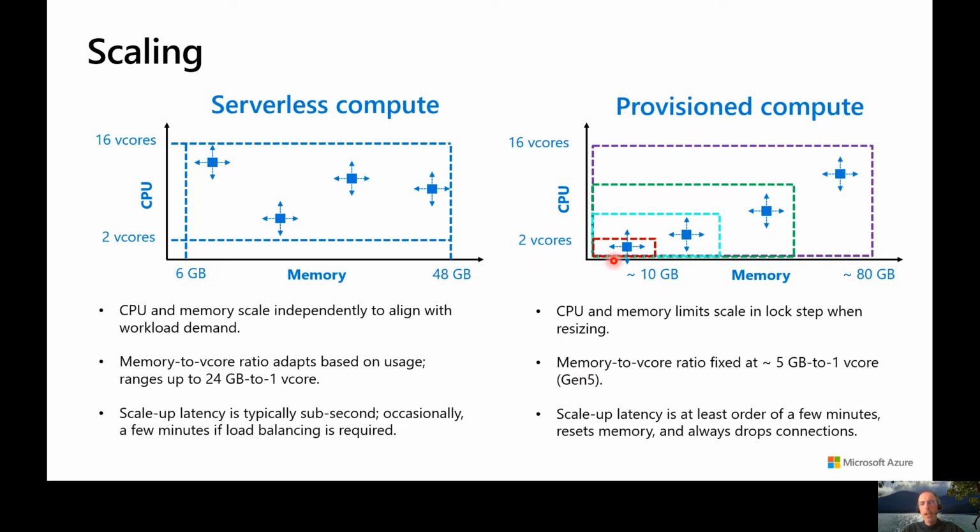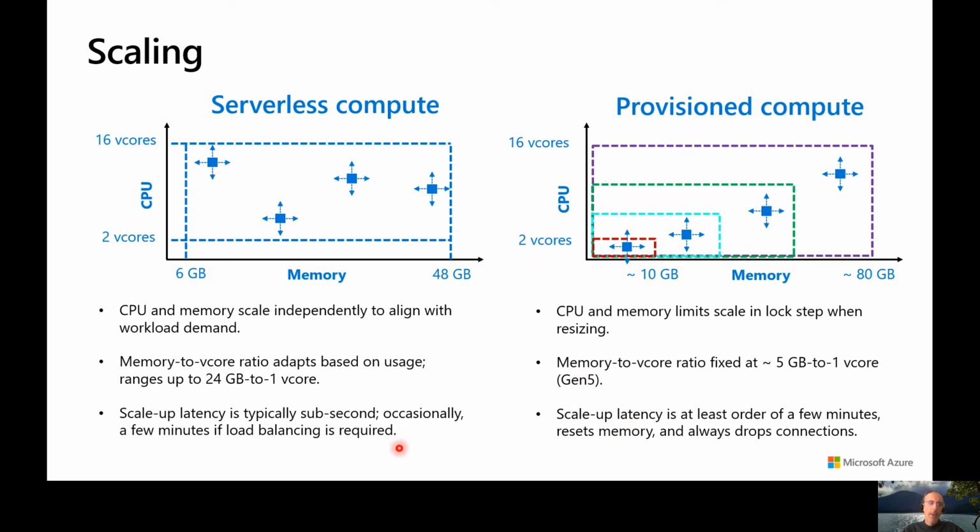And then finally, as the third step in provisioned compute, the actual initiation of the scaling operation itself, which can take at least a few minutes, if not in some cases a few hours, depending on the particular service tier. And then at the end of that rescaling operation, memory is reset and connections are always dropped, representing, of course, a brief disruption to availability.